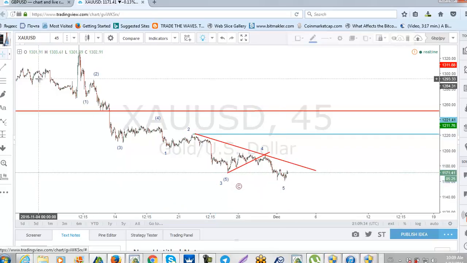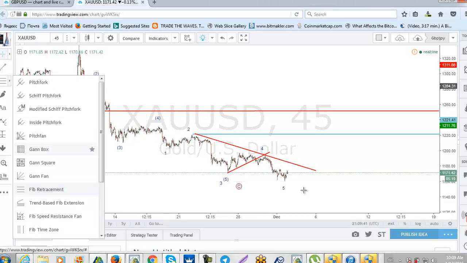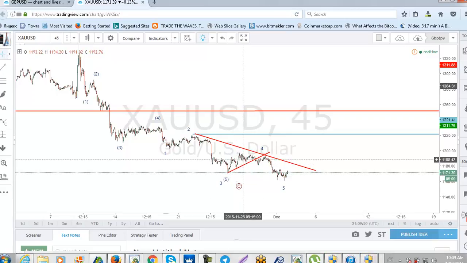And then if you measure the Fibonacci ratios of that, you discover that 1155 is a very nice reversal zone. Okay, 1155 and then 1180, which was our last target before we enter a buying order around the 1191 or 1192.